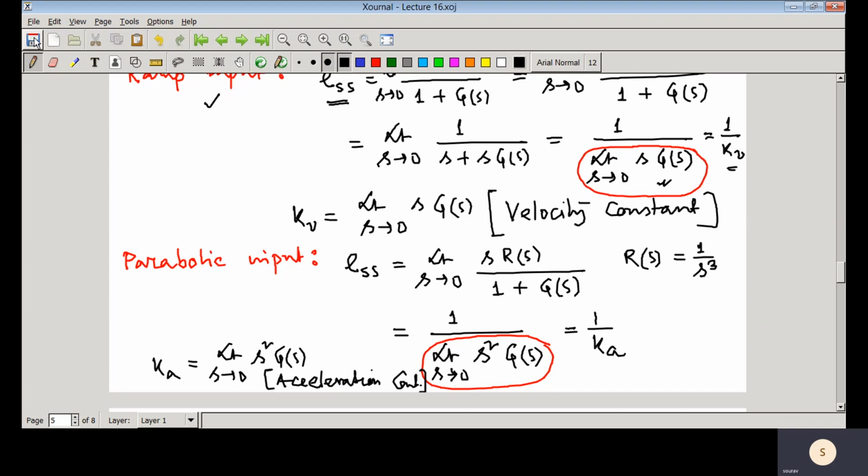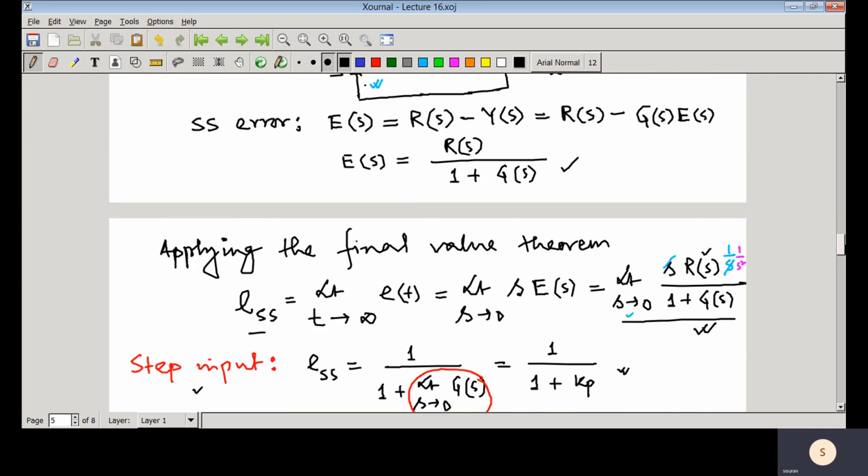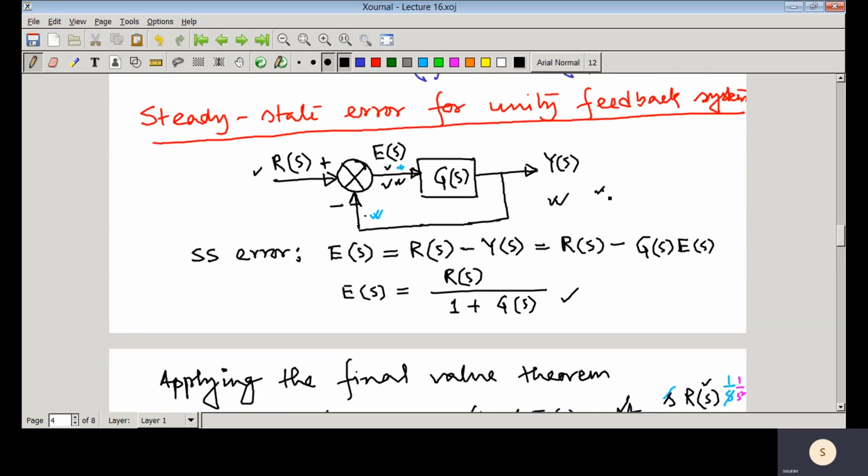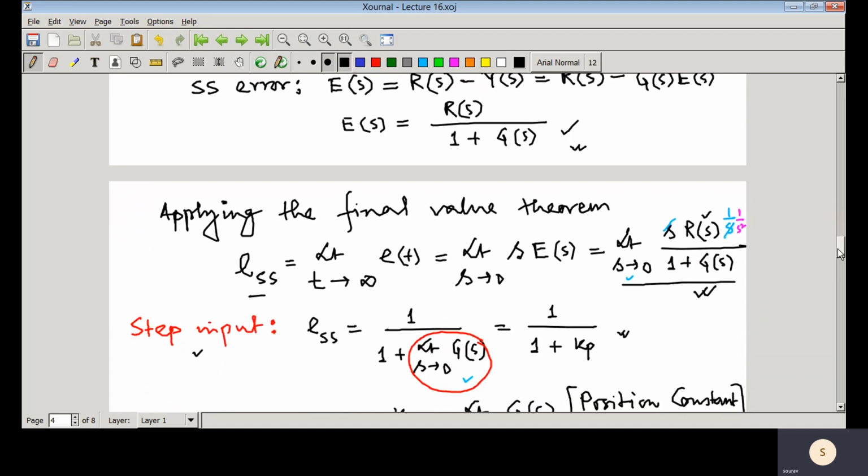So now what we have seen is that whenever we have a unity feedback system, we can derive this relationship for the error signal. If we apply the final value theorem, we can find the steady state error, and we get this expression.